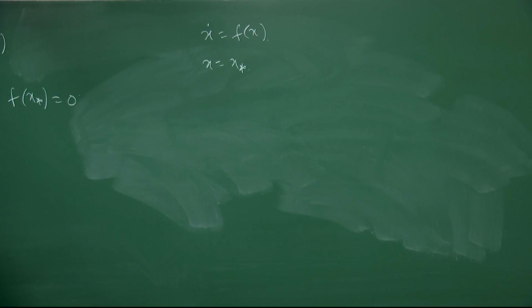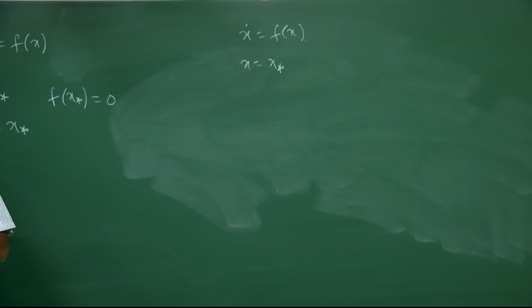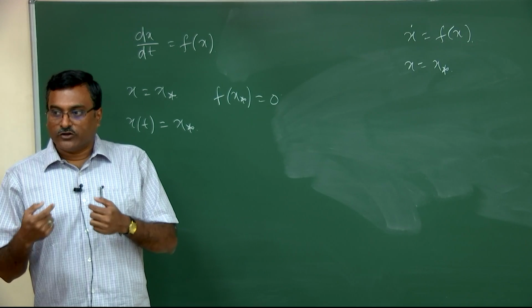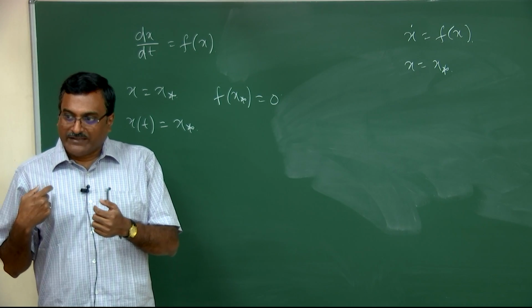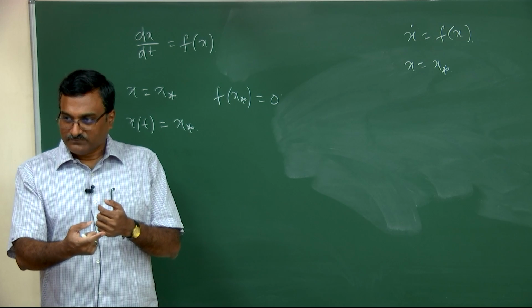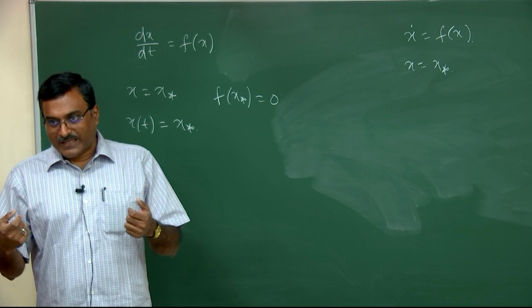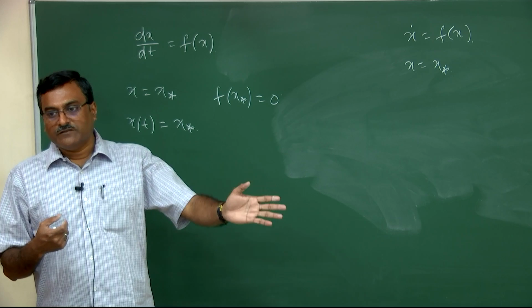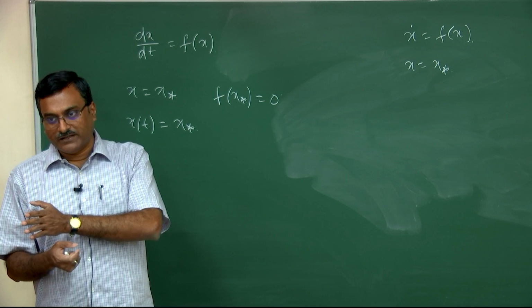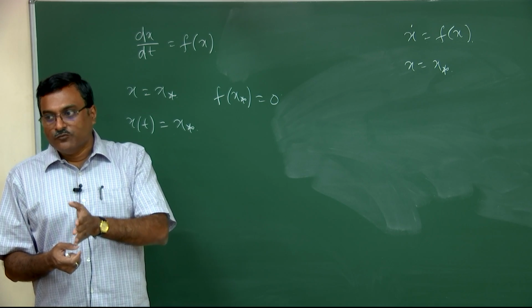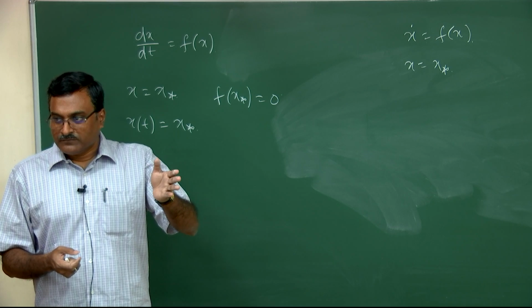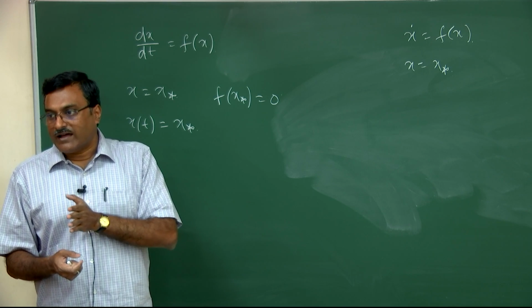If it is approaching 0, its absolute value approaching 0 as t tends to infinity, then we can say that the solution trajectory xt will ultimately approach x star. And if yt is growing with time, that means either diverging to plus infinity or minus infinity, so xt is moving away from the equilibrium, and then it is called an unstable equilibrium.